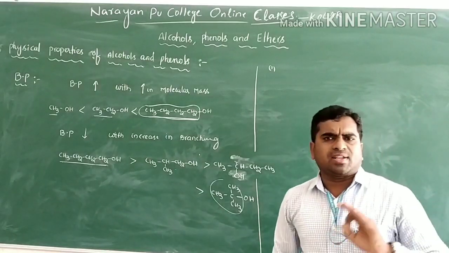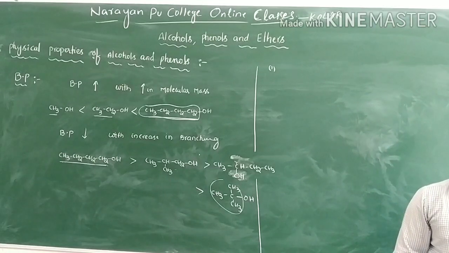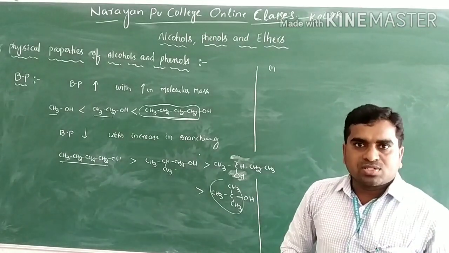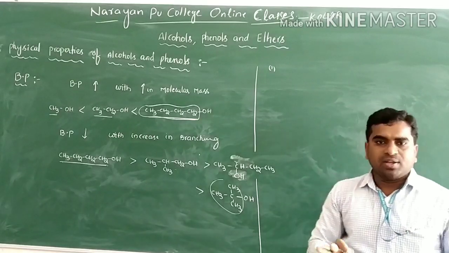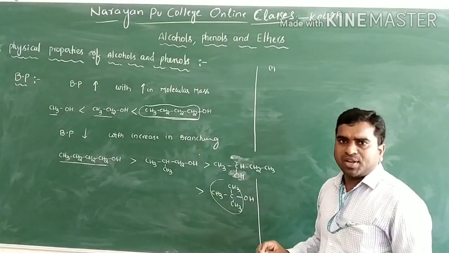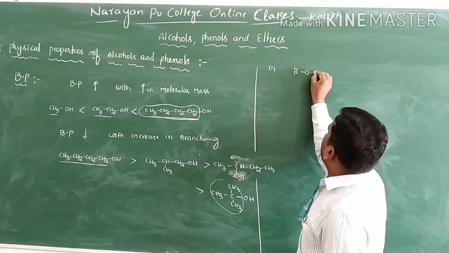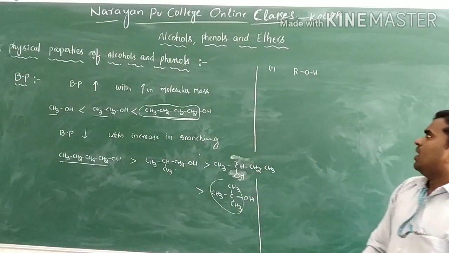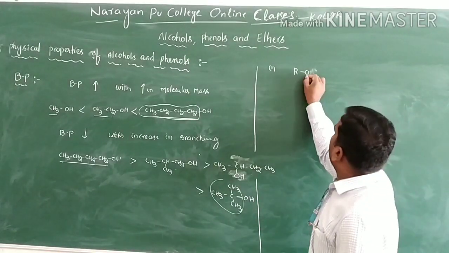The simple one sentence you have to write is that alcohols are involved in intermolecular hydrogen bonding. What is intermolecular hydrogen bonding? Simple. I will write here alcohol. What is the general representation? ROH. Okay? This is ROH.